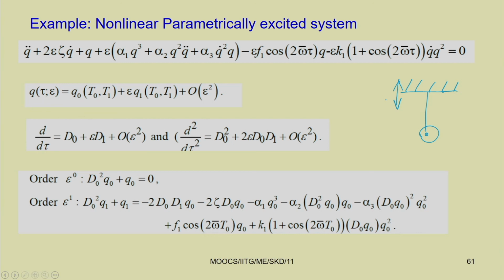The motion of the platform is taking place in this direction, but the motion of the pendulum is taking place in this direction. So, the pendulum is moving in a direction that is perpendicular to that of the motion of the platform.